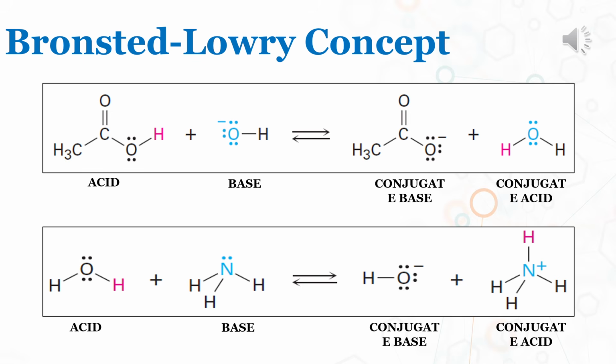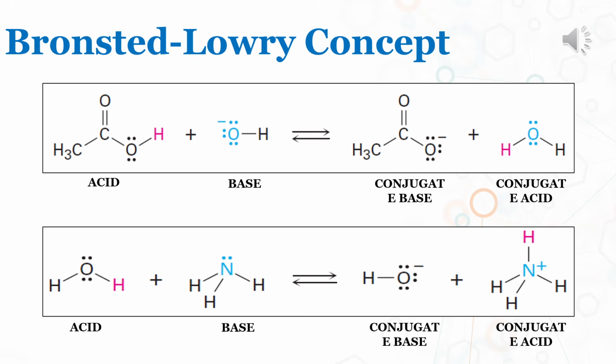So what happened here is that the hydrogen of the Bronsted-Lowry acid was given to the Bronsted-Lowry base. That's why during the reaction, the acetic acid turns to acetate because it donates its hydrogen ions to the Bronsted-Lowry base.